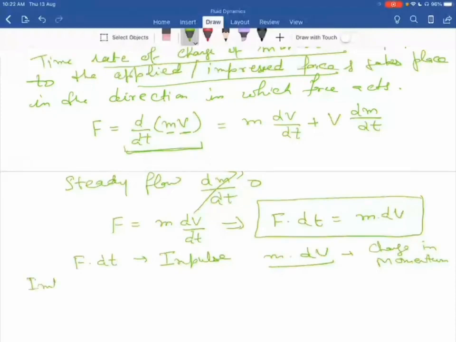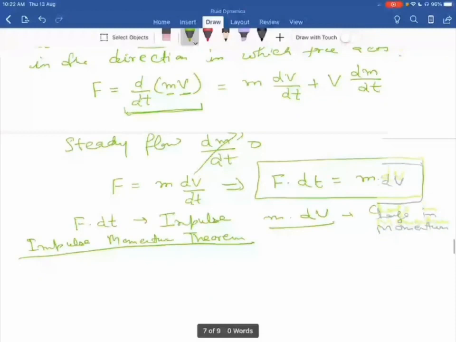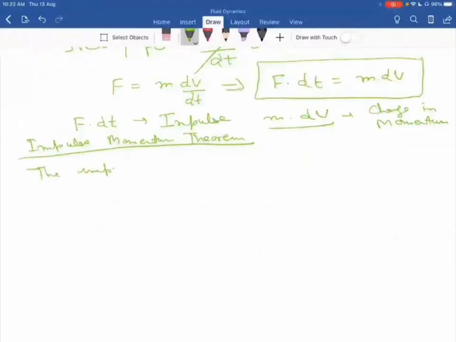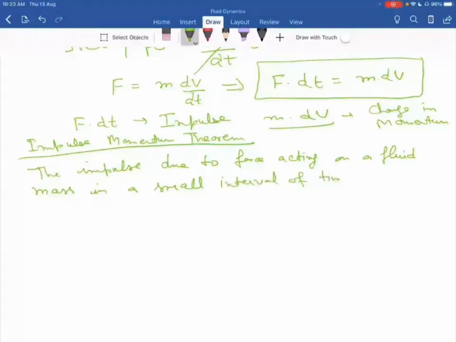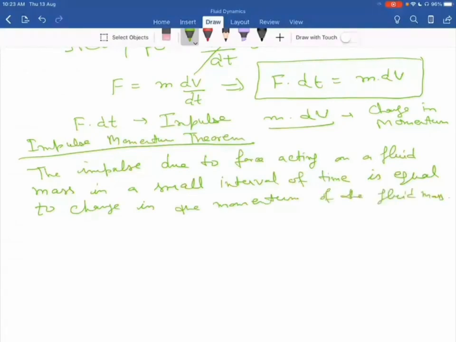I write its statement: the force acting on a fluid mass in a small interval of time is equal to the change in momentum of the fluid mass. Sorry, the force, not impulse. So this is the impulse momentum theorem, and this equation is the impulse momentum equation.